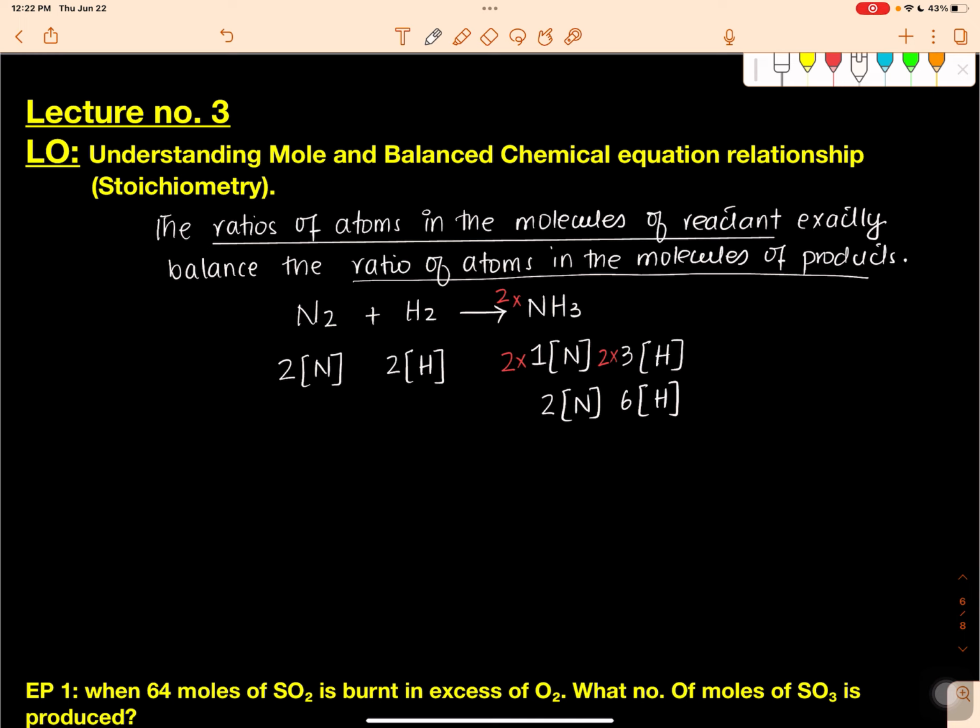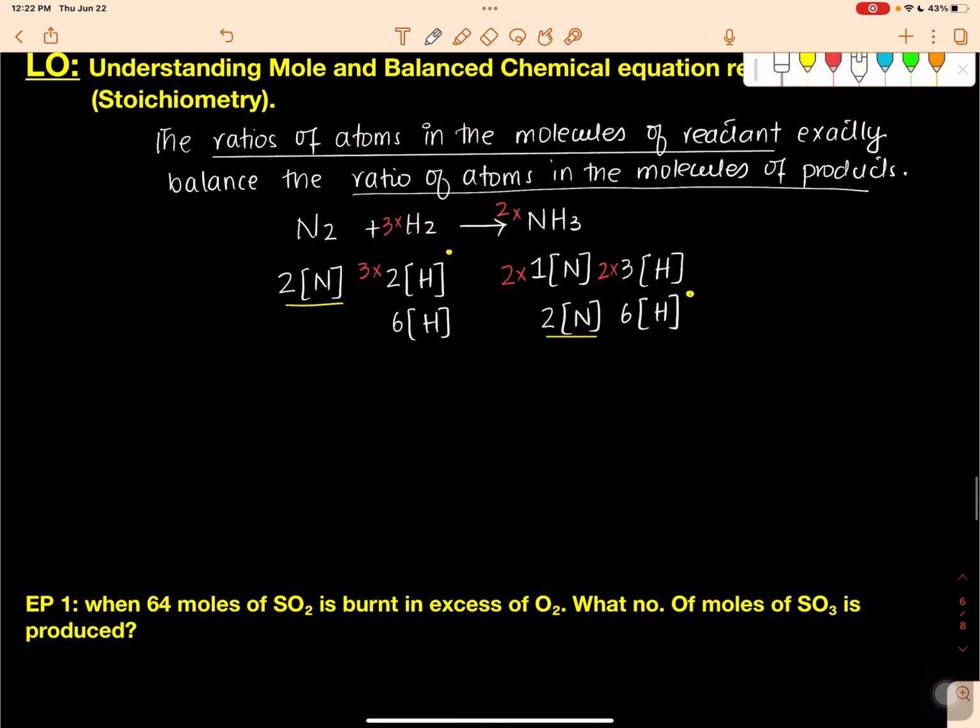So this one and this one become balanced, but this one and this one are not balanced yet. So we multiply it by a factor of 3 and place 3 here as well, because this is the number coming from the equation. So this now becomes 6 hydrogens.